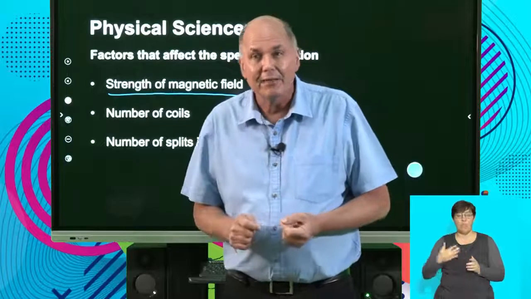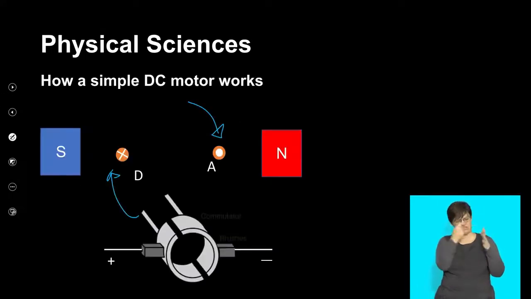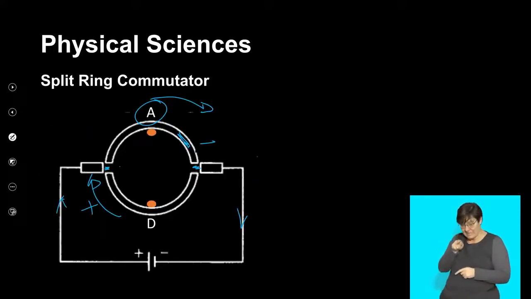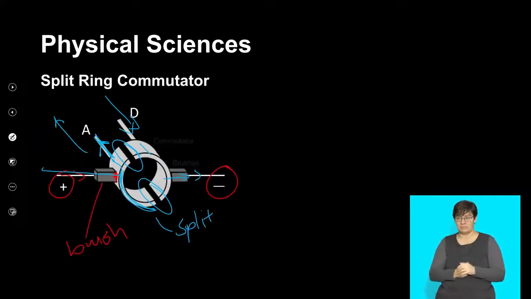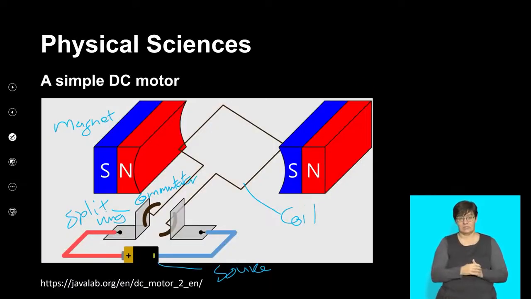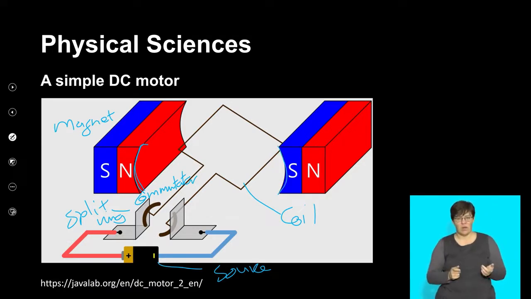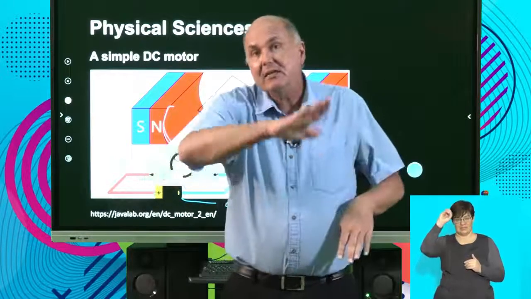But there's something else that I want to just point out on our diagrams. We've shown a couple of diagrams, and I want to just use this particular one back here, over here on our apparatus, on our simulation. Do you notice that this diagram is curved, and this one is curved as well? It's done deliberately so that the magnetic field is at 90 degrees as the armature is moving through.